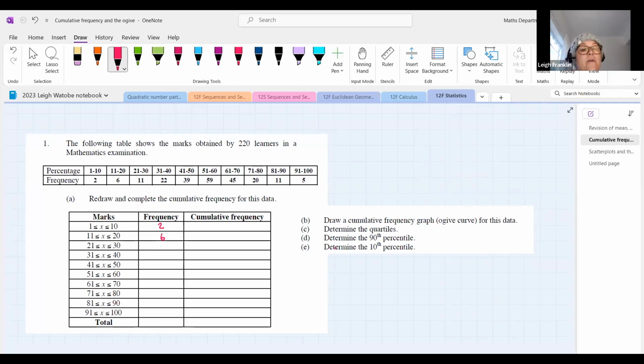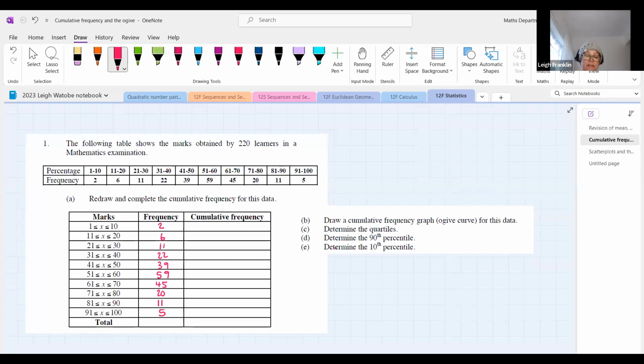Then 11 people in the next group, 22 in the group after that, 39, then 59, then 45, then 20, then 11, and then there were 5 people.